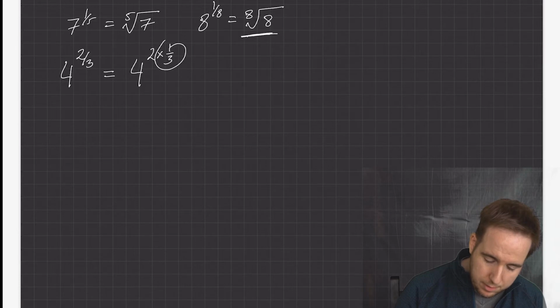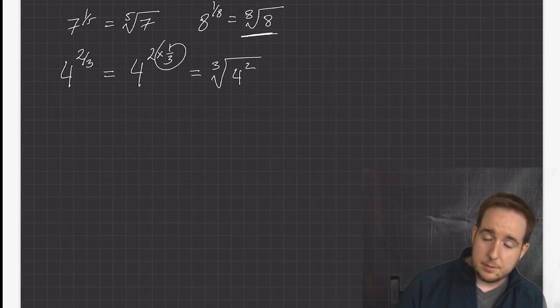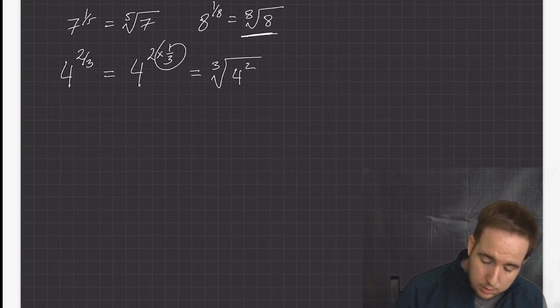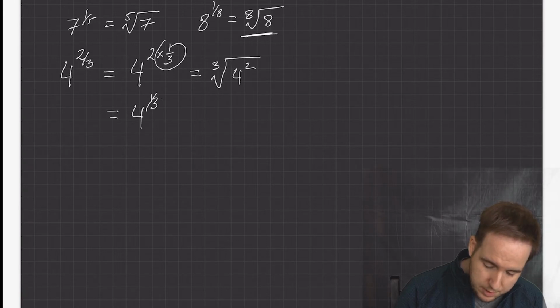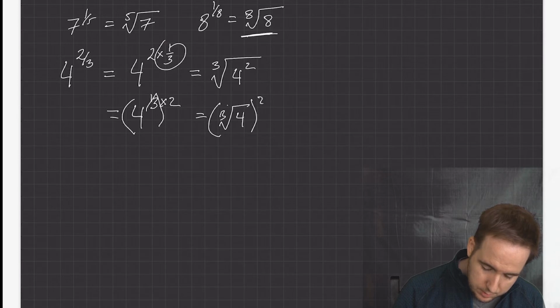But to the power of 1/3 is a cube root, like that. Or I could have written it the other way. I could have done 1/3, times 2, which would have meant it was this part first, the cube root of 4, squared. And you could write that without the brackets and it would still mean the same thing.